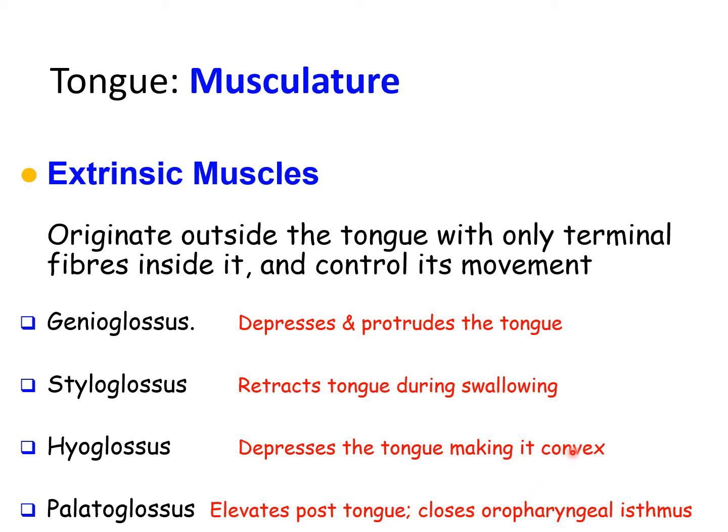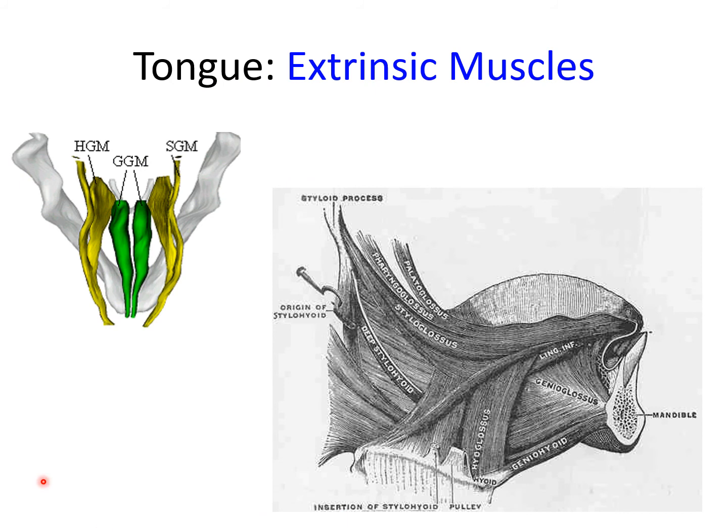And finally is palatoglossus, which originates from the soft palate, and it elevates the posterior tongue, closing the oropharyngeal isthmus during swallowing. So this image provides a good view of the tongue muscles.